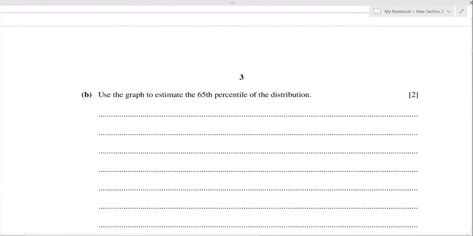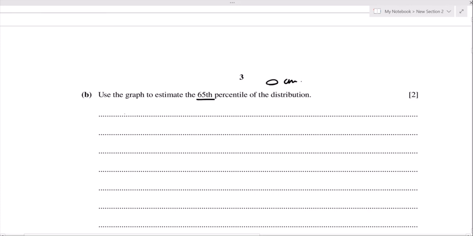For the second question, we need to use the graph to estimate the 65th percentile of the distribution. So this is just going to be that point at which 65% of the sunflowers are less than a certain point. We're going to figure out that point, which will be in centimeters.